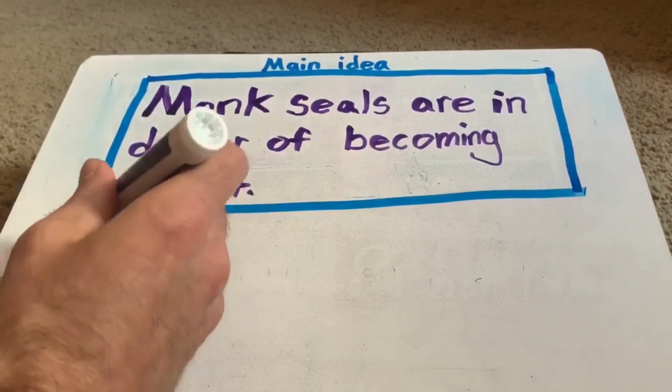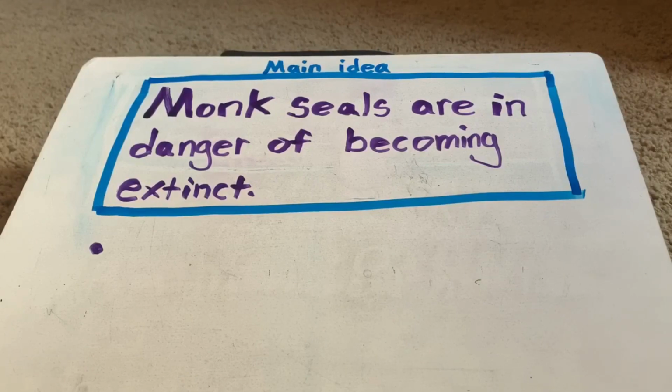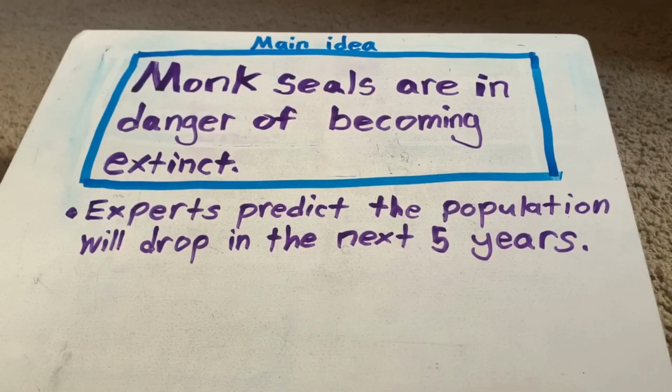I'm putting down my very first bullet, and I remember that in the text, they talk about how scientists are predicting that the population of monk seals will go down in the next 5 years. So that's going to be one of my details. So here's my first supporting detail from the text. Experts predict the population of monk seals will drop in the next 5 years.